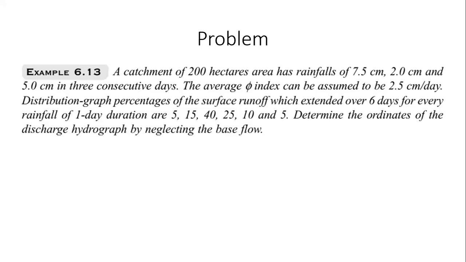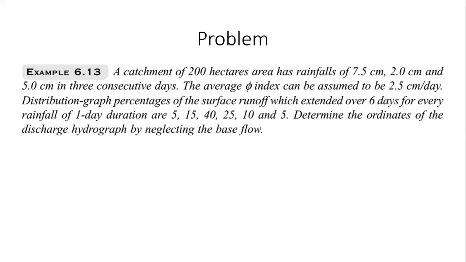The distribution graph percentages of the surface runoff, which extended over 6 days for every rainfall of 1 day duration, are 5, 15, 40, 25, 10 and 5%. So these are the percentages. What this means is that for every day of rainfall, you get 6 days of runoff.